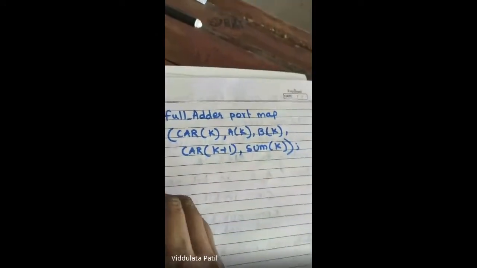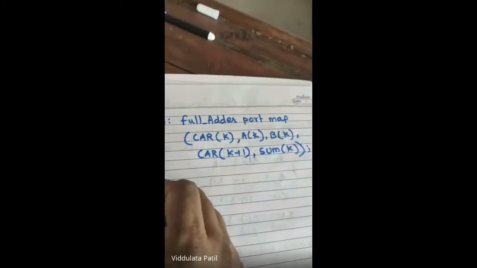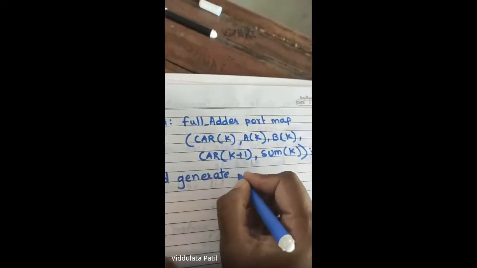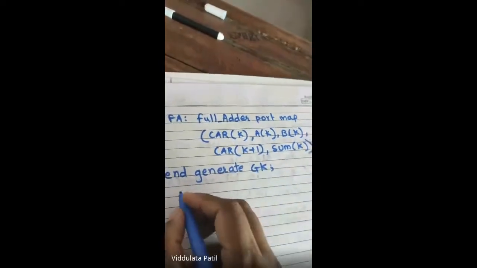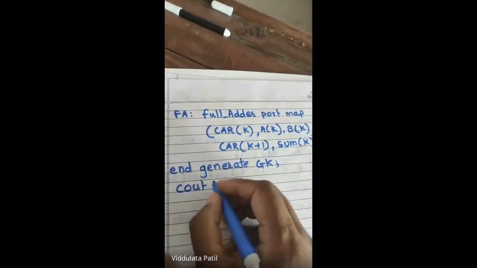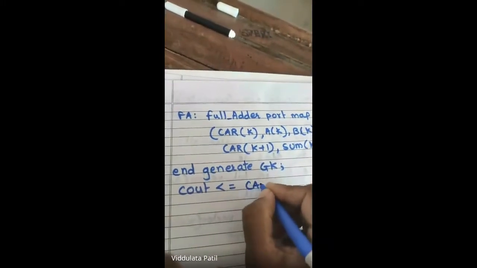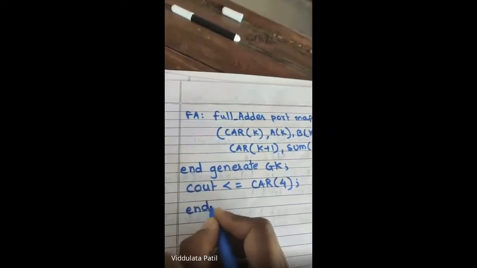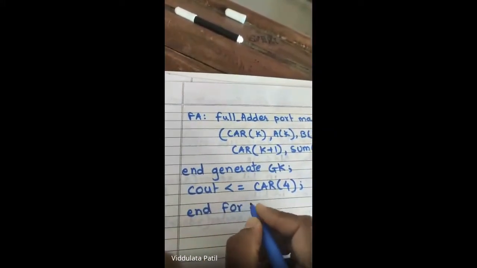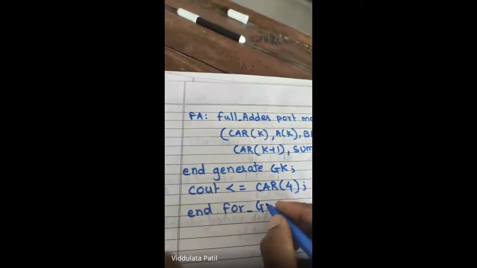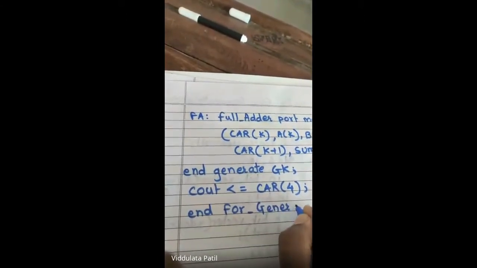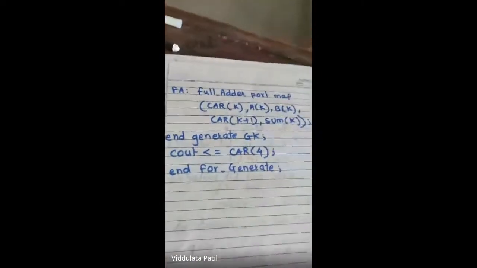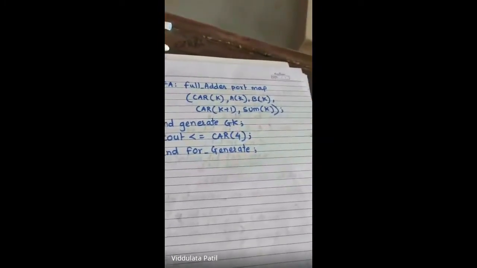Then end generate GK, then Cout will be assigned the value car 4, and then end for generate. That means end of this architecture. So this is the code using for generate loop.